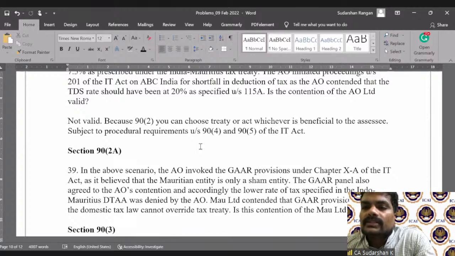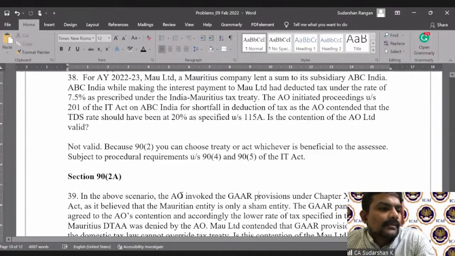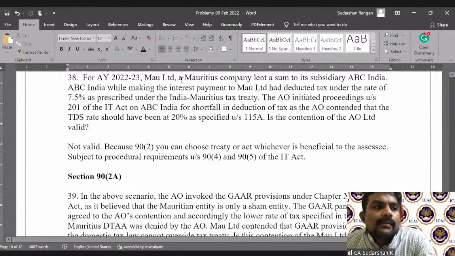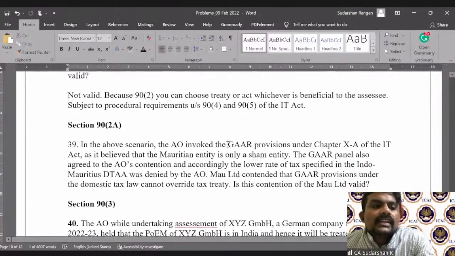It gives complete powers to the assessing officer to recharacterize if he feels that an arrangement or a transaction is basically for avoiding or evading taxes. Now, in question number 38, the assessing officer feels that the Mauritian entity is only a sham entity, that is, there is no substance in it. So he invokes the GAAR provisions under Chapter 10A and denies the lower rate of tax specified.